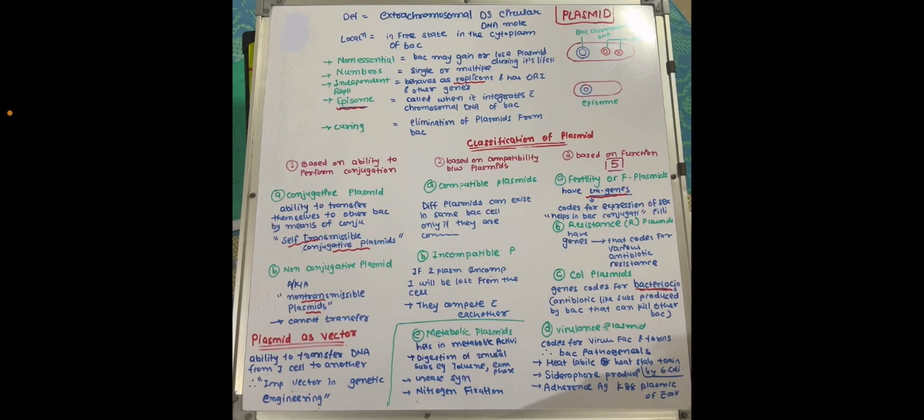Classification of plasmid was based on the ability to perform conjugation first, second based on the compatibility of the plasmid, and third based on the function of the plasmid. And the last topic was plasmid as vector. It is a very important component, or a vector, in genetic engineering.